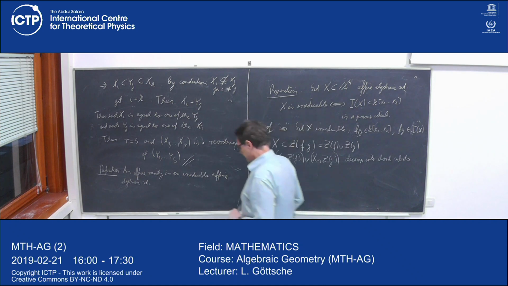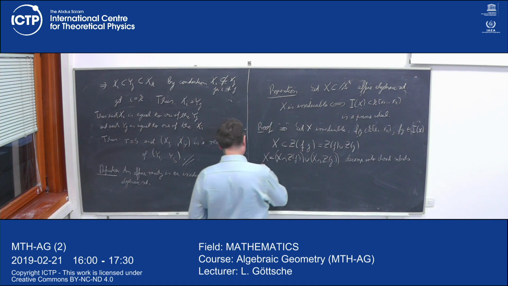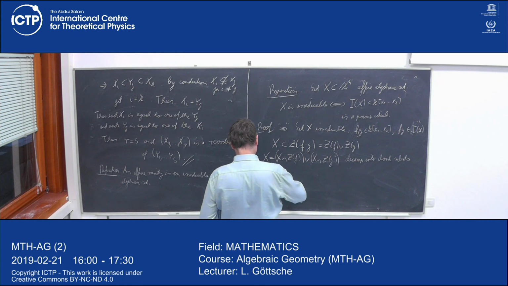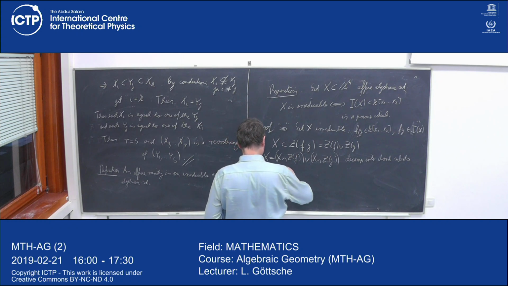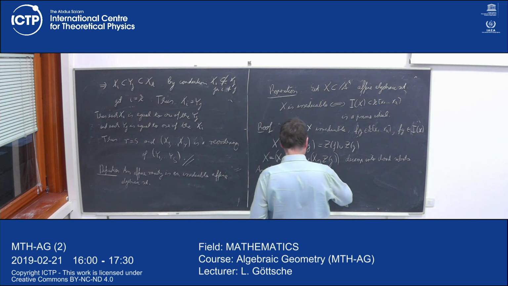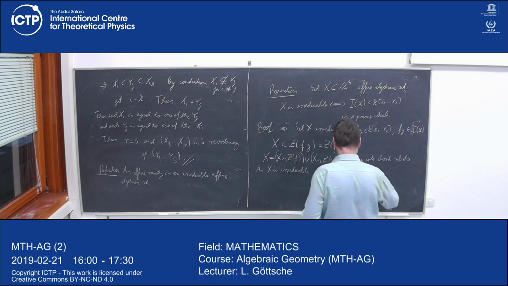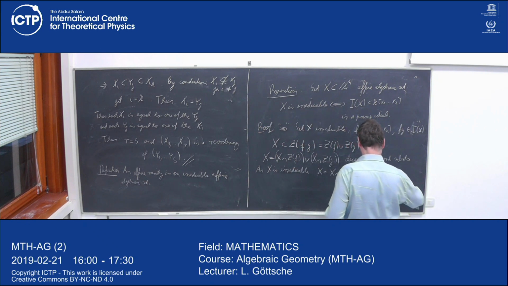By the fact that X is irreducible, X must be equal to one of them. X is equal to X intersected with Z(f), or X is equal to X intersected with Z(g).